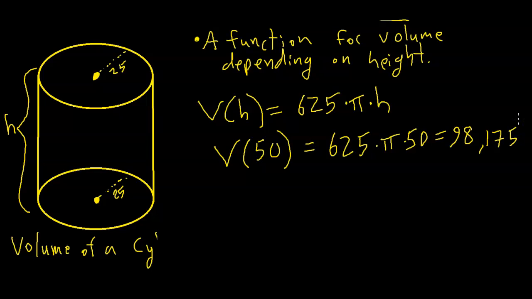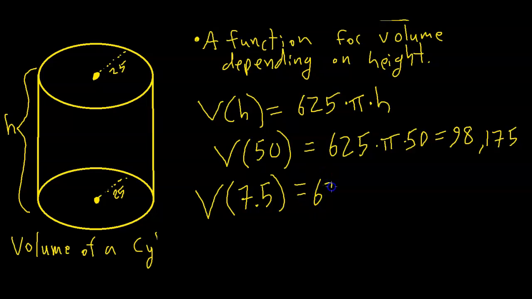Okay? What if someone also wanted a very, very short soup can for some reason? What if someone wanted a soup can with a height of, let's say 7.5 centimeters? Well, we would calculate the value of the function v of 7.5, right?